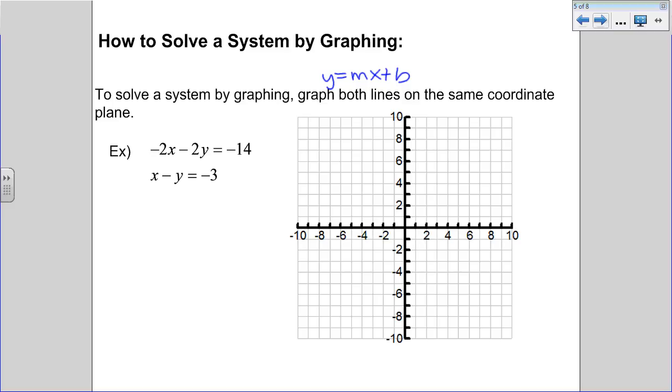Compare real quickly with your seat partner or someone in front or behind you what answer you got for solving for y, so I can start calling on people.